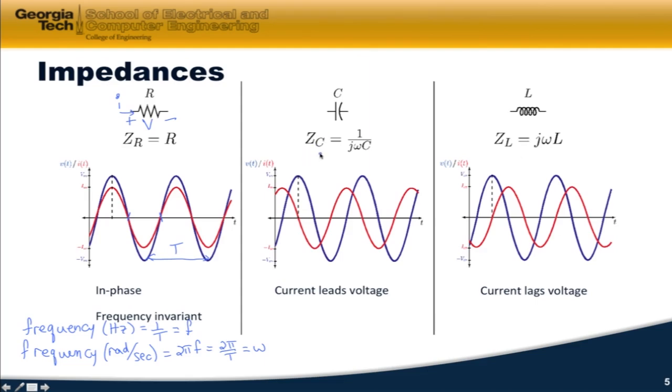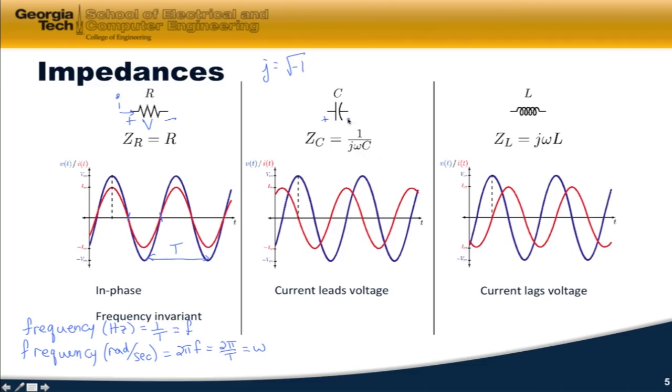I'll call it Z sub C, and I'm going to define it this way. That is 1 over j omega C, omega being the frequency in radians per second, j being my symbol for the square root of -1, and C is the capacitance.